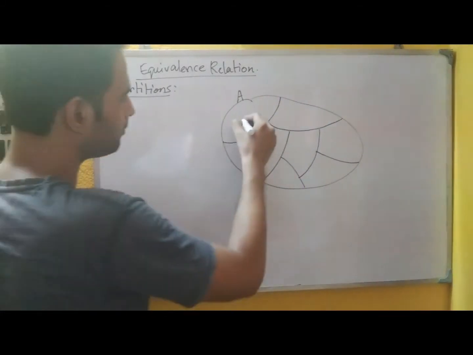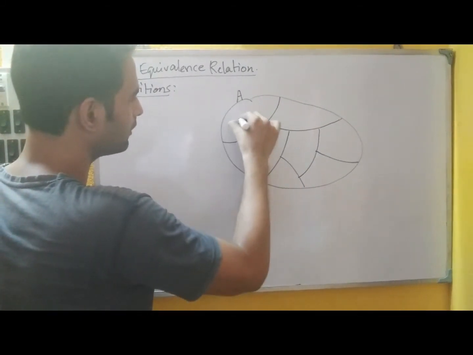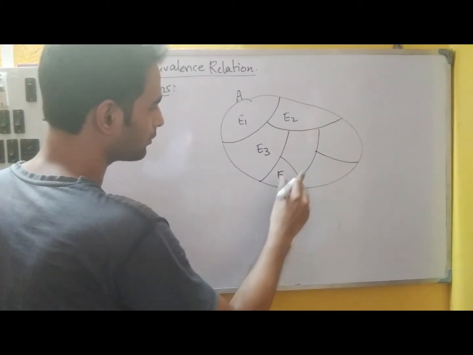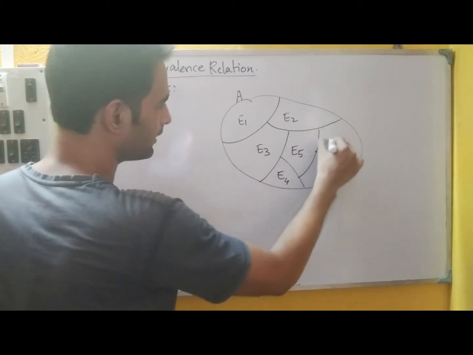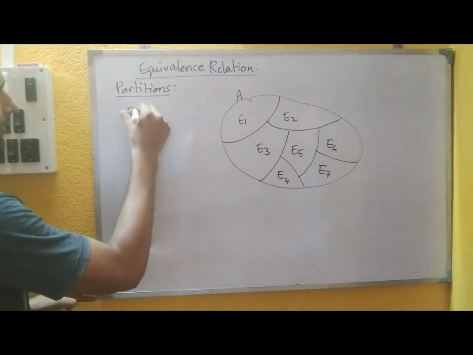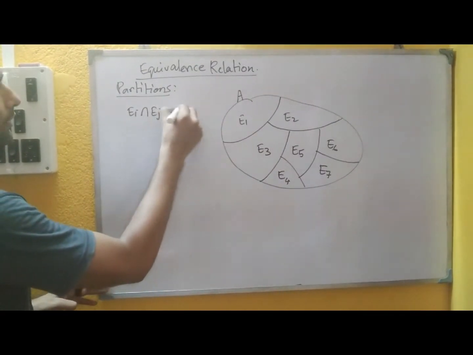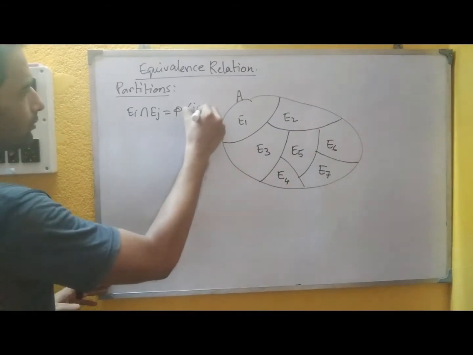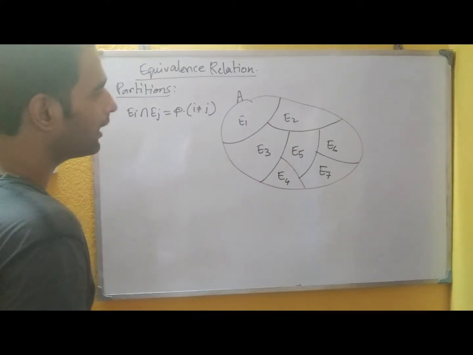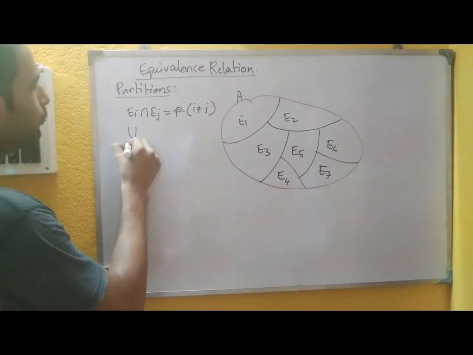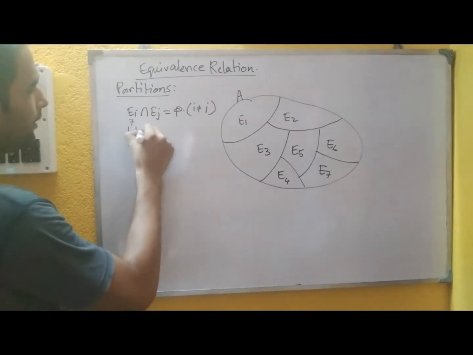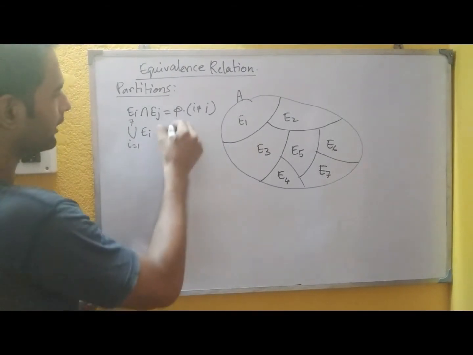If we denote the parts as E1, E2, E3, E4, E5, E6 and E7, then we can say that Ei intersection Ej is empty, where i is not equal to j, and obviously i and j run from 1 to 7. And another thing is that the union of Ei for i equals 1 to 7, if you take the union of all the members, gives back A.